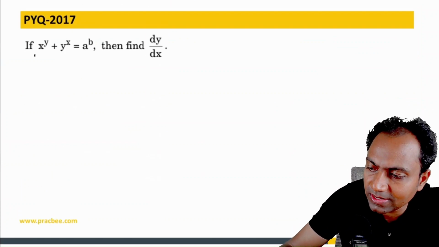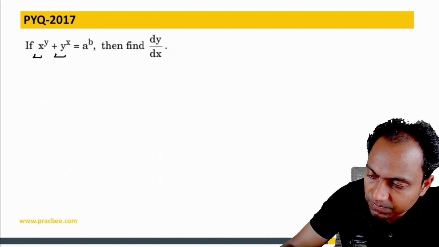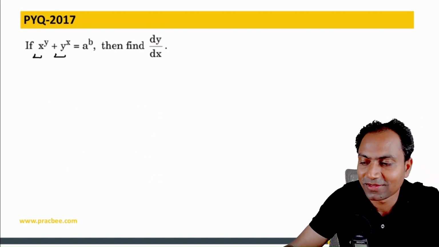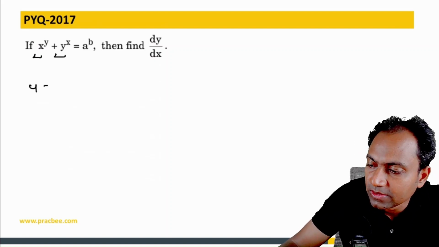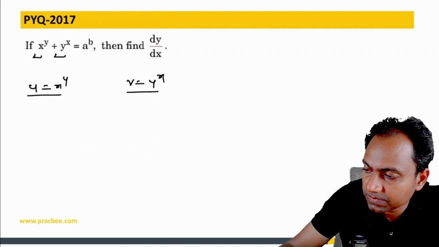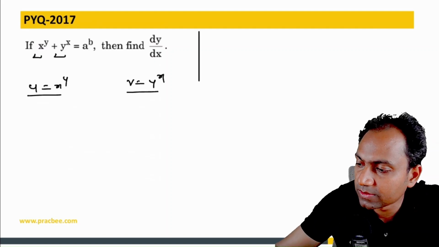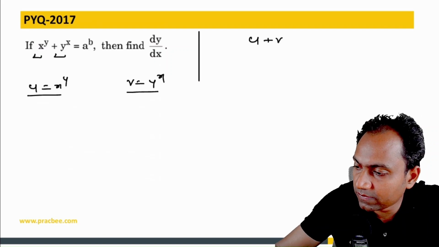You can see that here there is a variable in the power. In such a question, directly we cannot differentiate. So first take this x raised to the power y as u, and v as nothing but y raised to the power x. Why are we doing this? Because if I do this, then the question can be rewritten: u plus v will be equal to a raised to the power v.